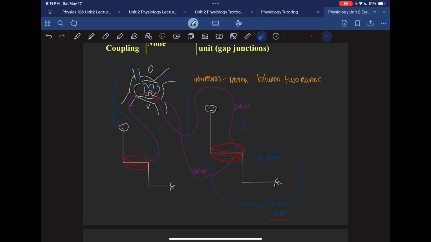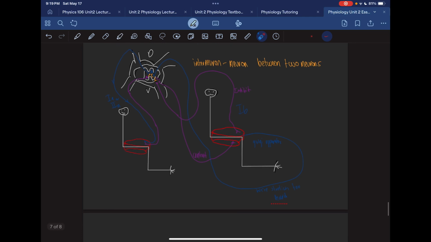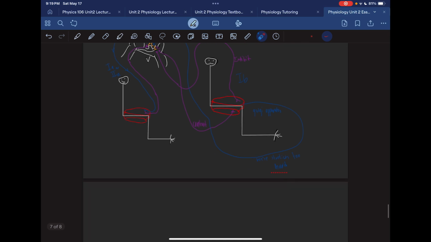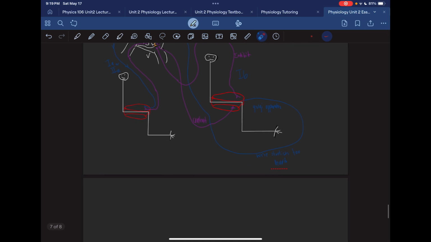Then it will send another signal back from the spinal cord telling one muscle to be inhibited and one to be excited so that we can take that strain off of our tendon. So we see that here.